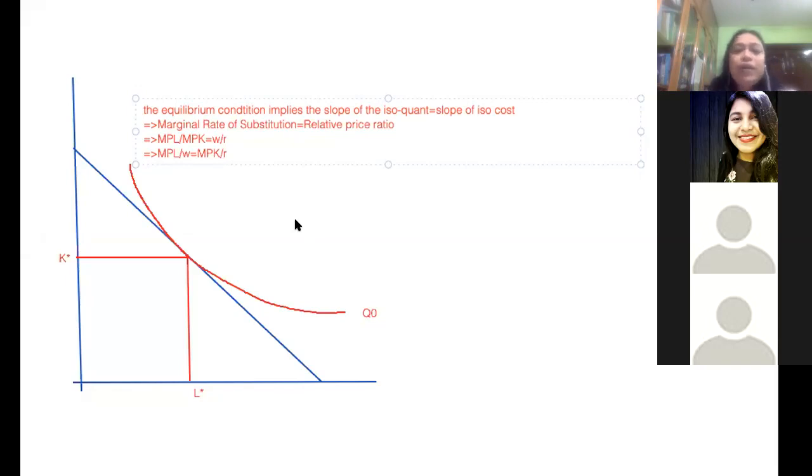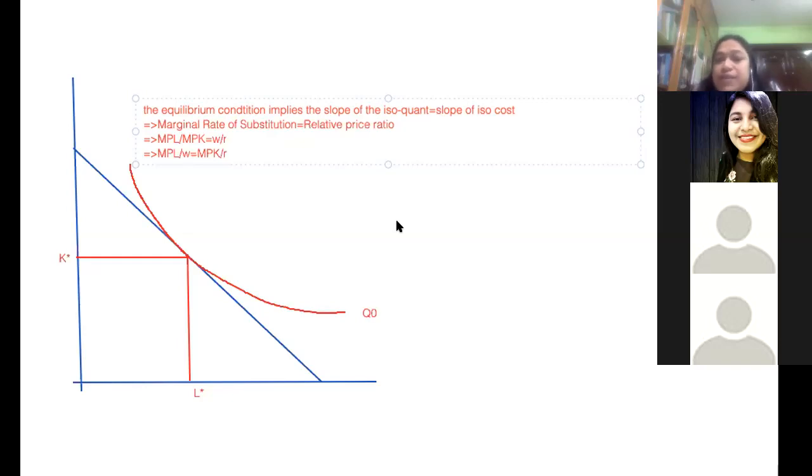All right. So what does the equilibrium condition say? That per dollar spent on labor will get you the same return as per dollar spent on capital. So this is the least cost combination of labor and capital that ensures that each dollar you spend on labor gets you the same output as each dollar spent on capital.